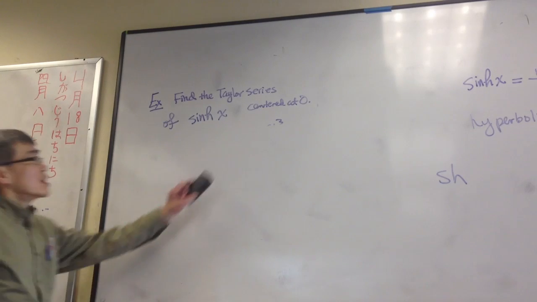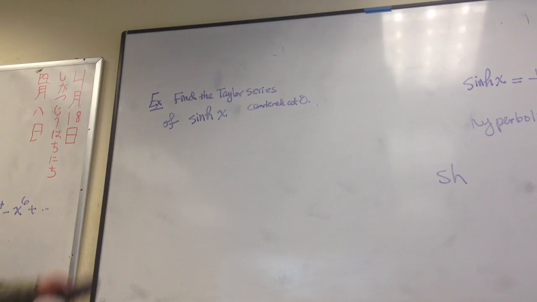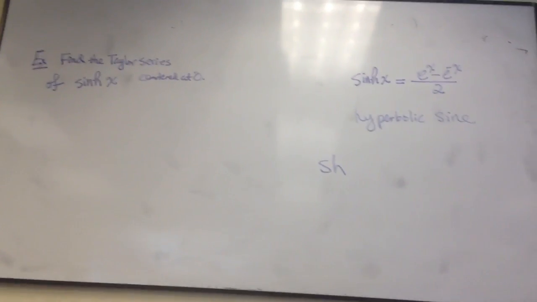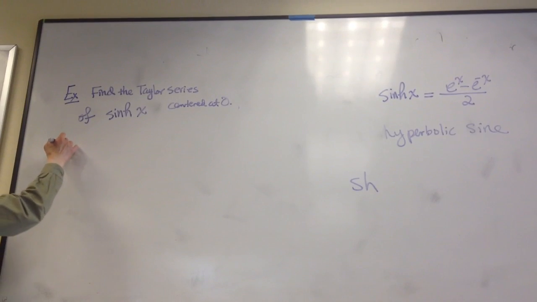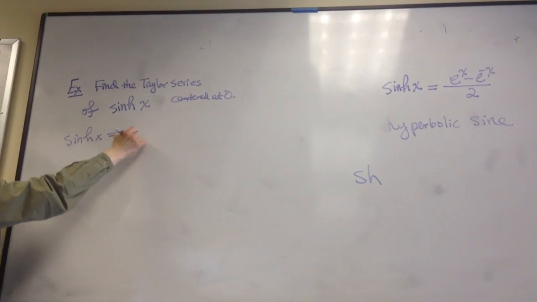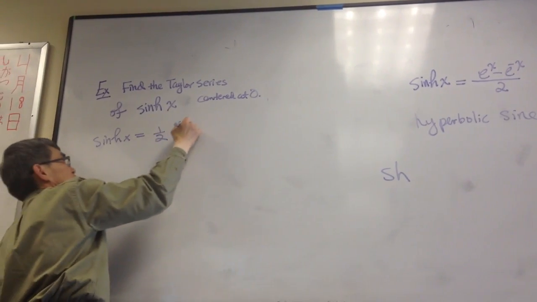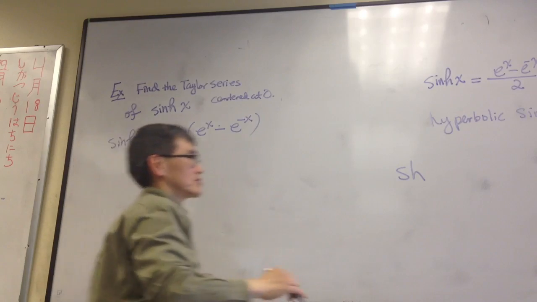Okay. If I want the Taylor series centered at 0, that is to say the Maclaurin series, this shouldn't be hard, right? Why? Because hyperbolic sine x is, by definition, 1/2 times e to the x minus e to the negative x.